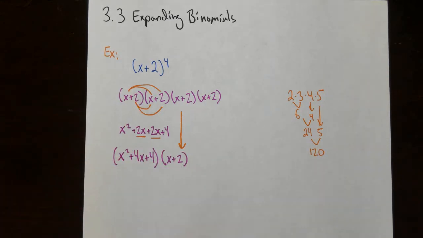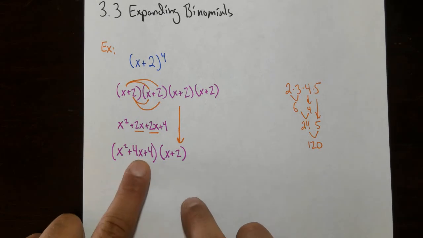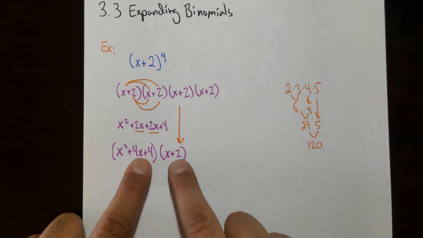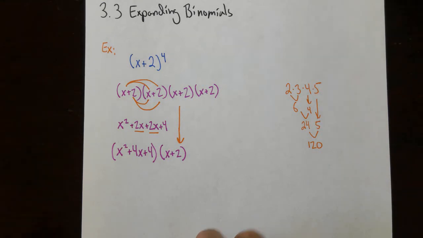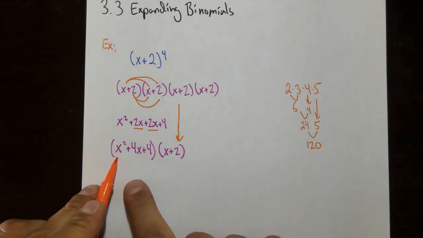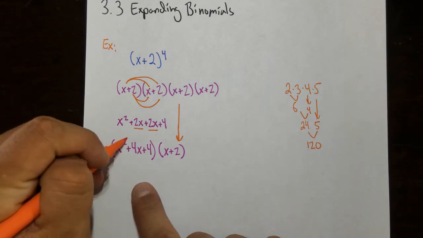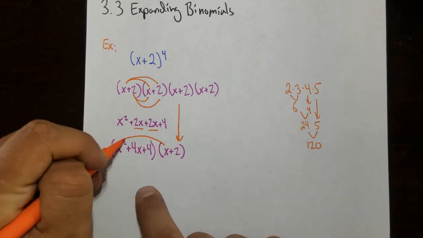And we're going to want to do the same process, but notice that this time there are 3 terms in the left factor and there's 2 in the right factor. So this is how I like to think about it. I want to multiply all these terms together.